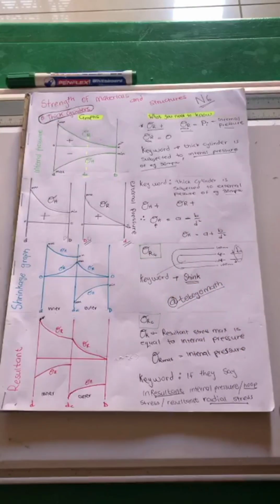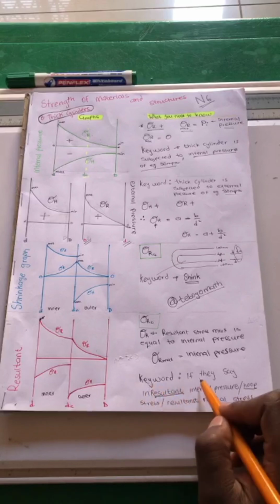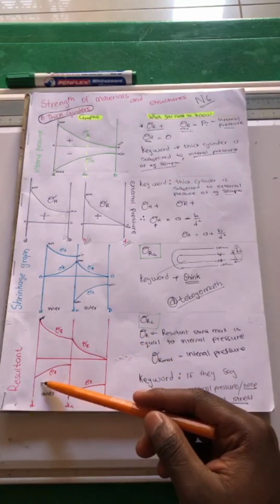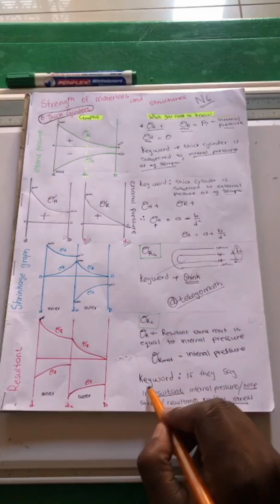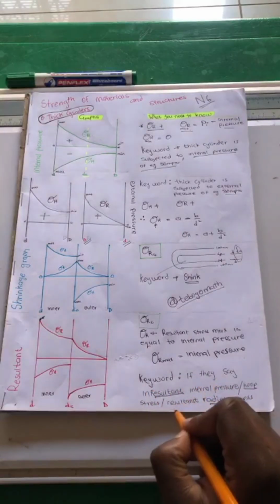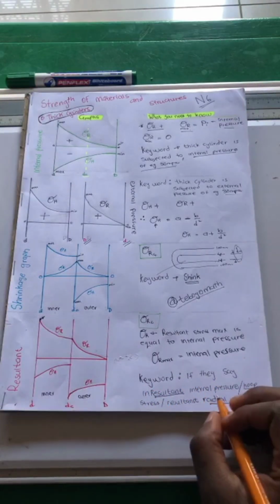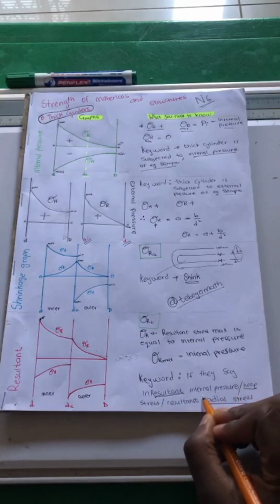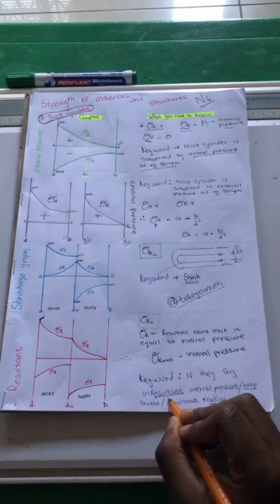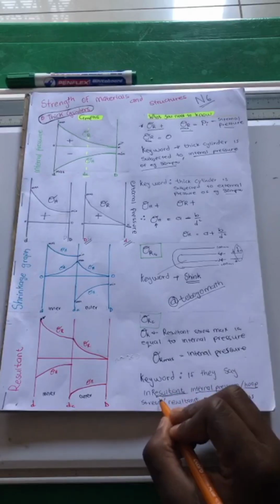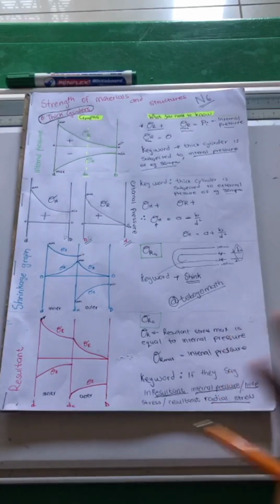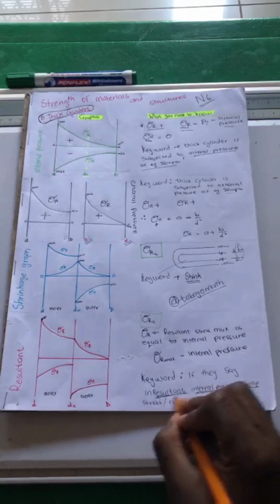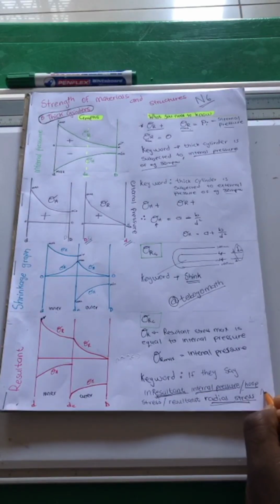The other thing that you need to know is that the keyword of the resultant pressure graph is that they'll tell you there's an internal pressure. There's a resultant internal pressure. If they say there's a resultant internal pressure, just know it's the resultant graph. If they say resultant radial stress is 40 megapascals, where else can you put it except in the resultant graph?